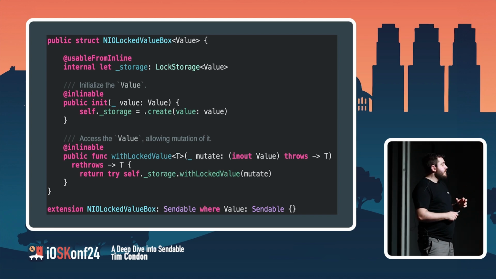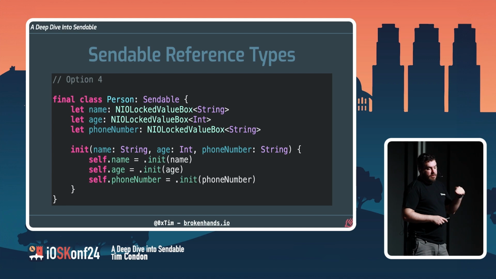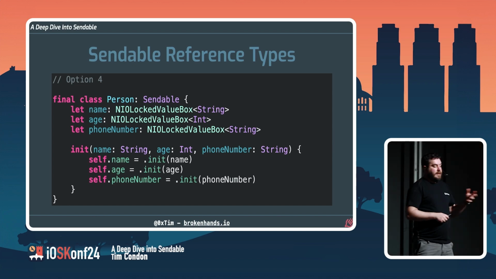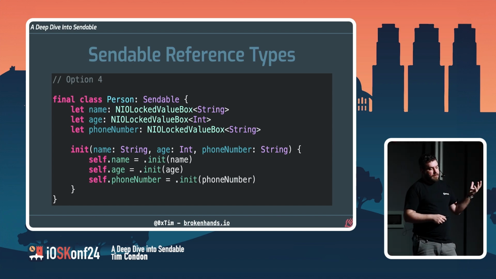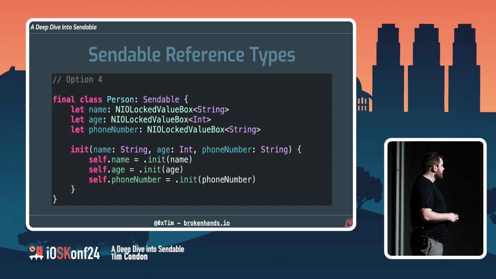So if we go back to our reference type person, instead of having a String, I have a NIOLockedValueBox of String. And then any accesses to that property are done via a lock, and this makes it safe. And because they're also locked values, I can make them lets, and because it's now a final class, everything's immutable and everything's Sendable, I can now make this actually Sendable, and this is fine.